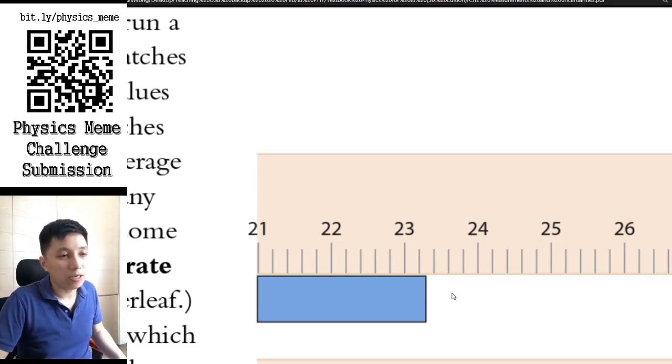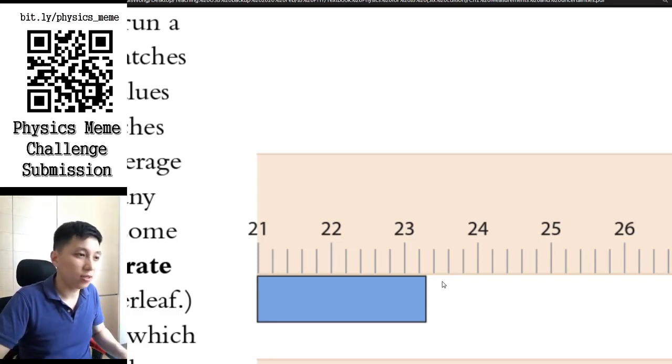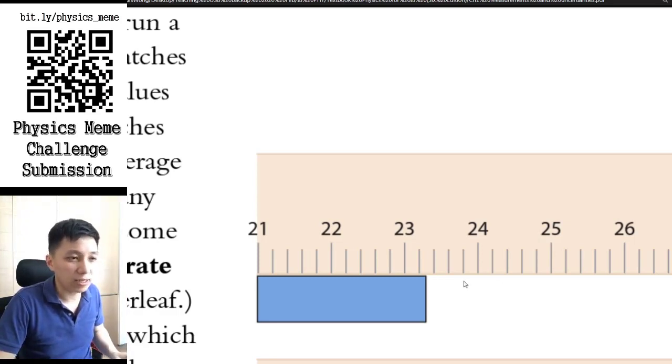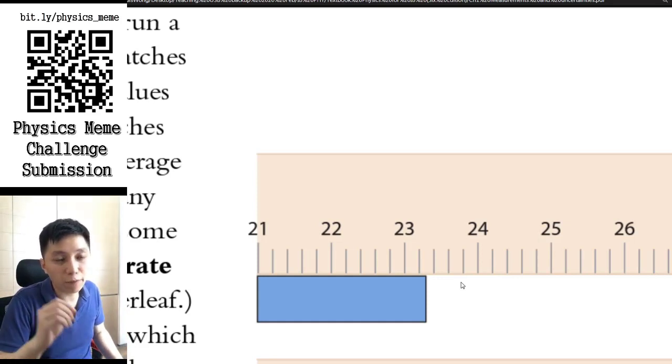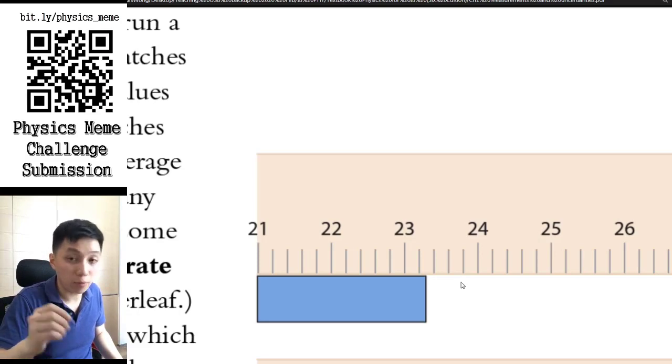And therefore, in order to show how much we are confident with our measurement, for this one, we can say that the measurement is 23.2 plus or minus 0.1.